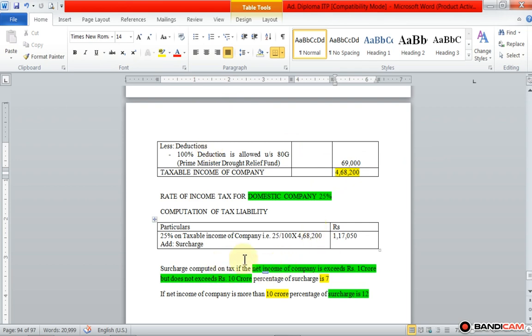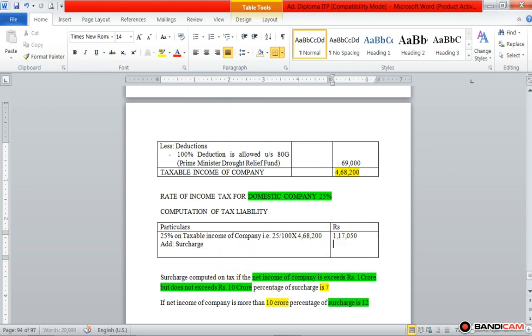It means the surcharge is nil, because surcharge at 7% applies only if income is more than 1 crore but does not exceed 10 crore. Here the taxable income is rupees 4,68,200, so surcharge is nil.